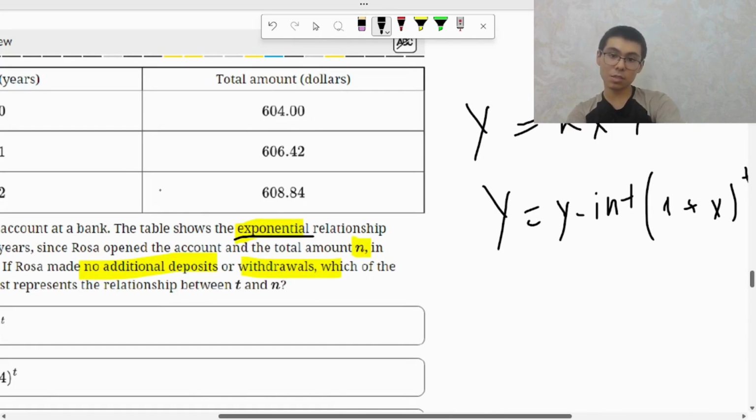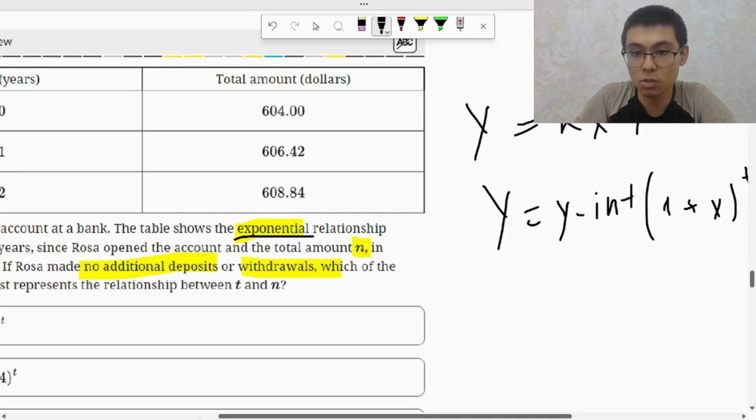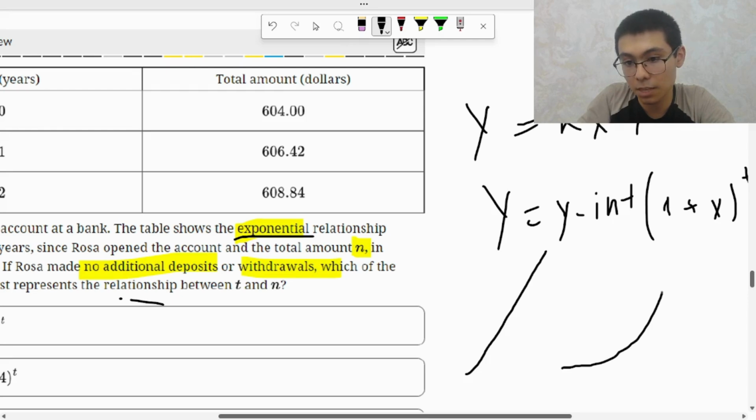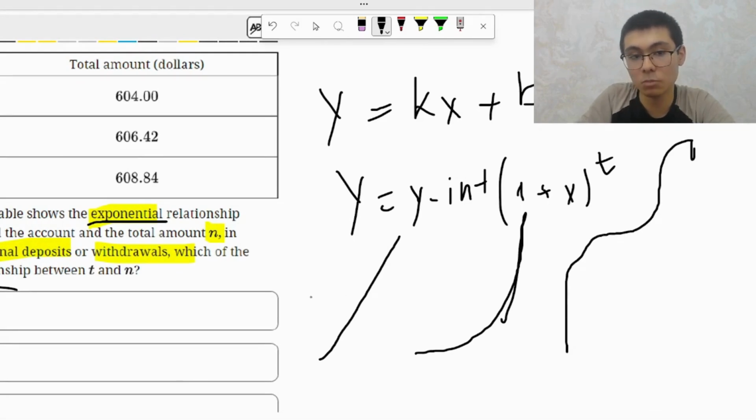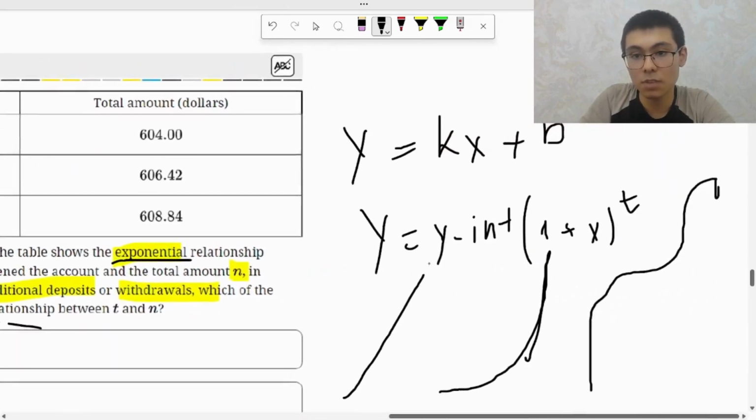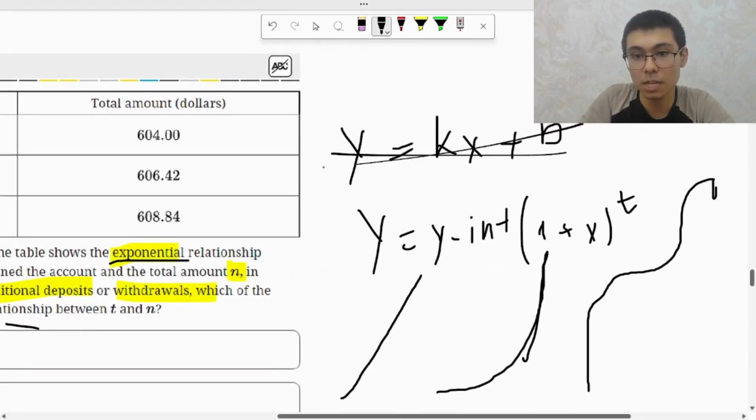The amount of dollars that she has in her account is not increasing at this kind of rate. It's increasing maybe like this, or maybe something like this. It's not at a constant rate. It's not at the same rate, right? So that's why we can't use this sort of formula in this case.